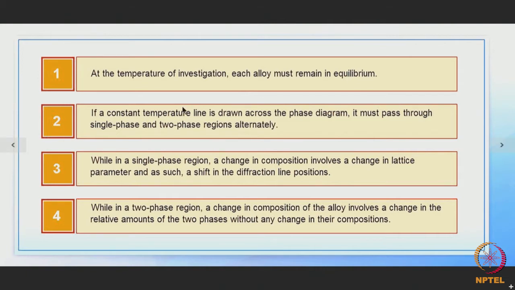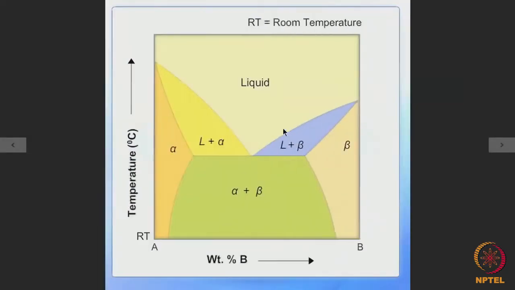Now, if a constant temperature line is drawn across the phase diagram, it must pass through single phase and two phase regions alternately. As you can see here, if you draw a line parallel to the composition axis and perpendicular to the temperature axis, what do we find?